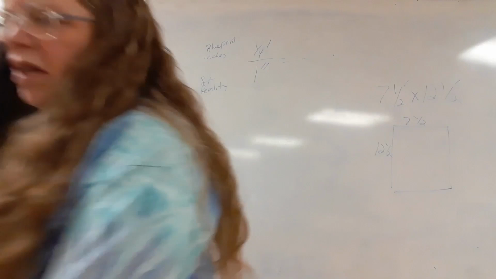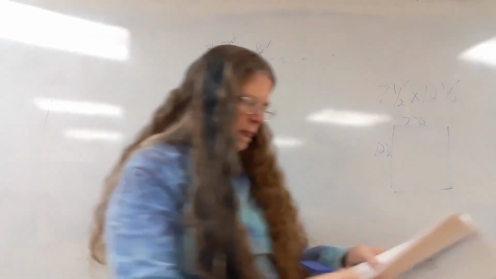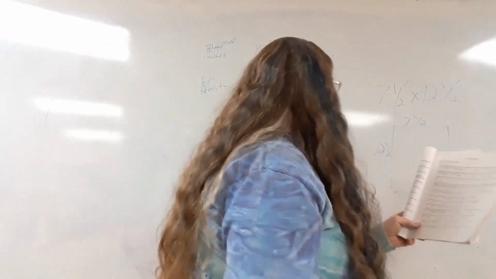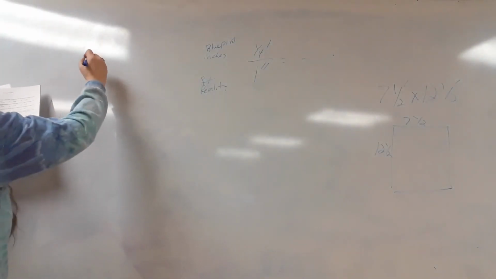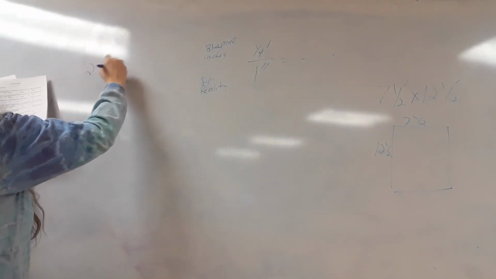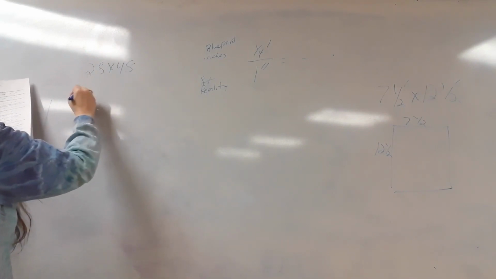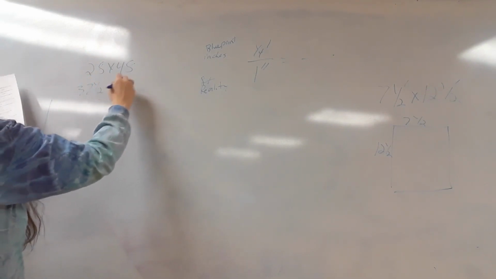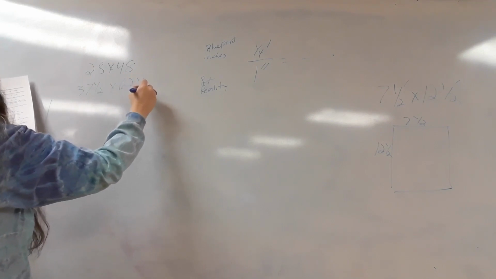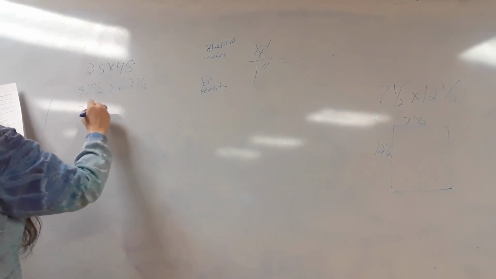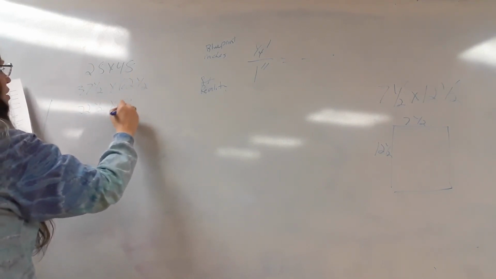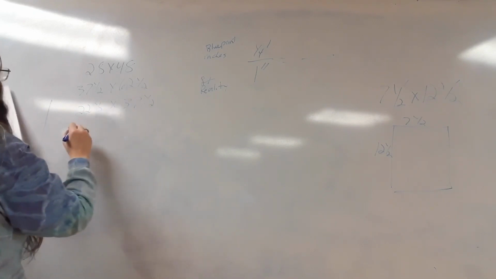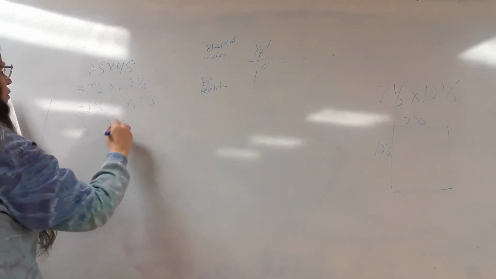However, if we look at our answers, we get that the answers are, let's put them over here, 28 by 48, 37.5 by 62.5, 22.5 by 37.5, and 30 by 50.